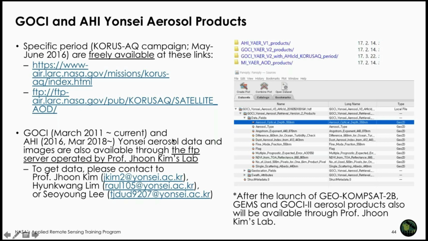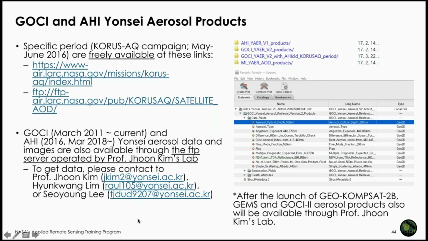This GOCI and AHI Yonsei aerosol data and images are also available through the FTP server operated by our group, Professor Jhoon Kim's group. To get this data, please contact Professor Jhoon Kim or other people here.